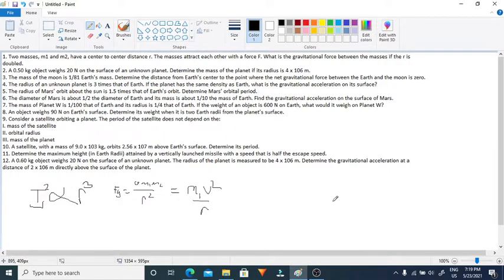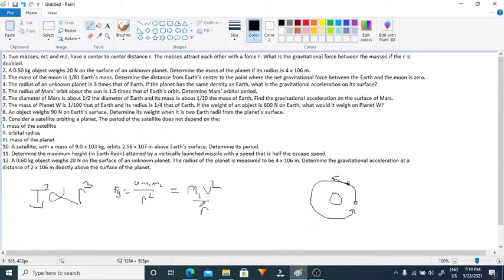Because when this object's in orbit, we're going to have a planet like this and an object like this, moving around in orbit. At any given point, it's got a linear velocity in one direction, and the force is what keeps it orbiting. So the centripetal force is given as mv squared over r.